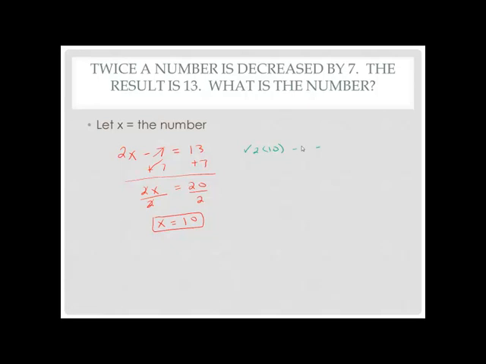So 2 times 10 minus 7 equals 13. And I'll work this side out, simplify it using my operations. I would do 2 times 10 first, which is 20. And 20 minus 7 is 13. So that checks out. So that's how you could check your answer, by taking your solution and plugging it back in for your variable.